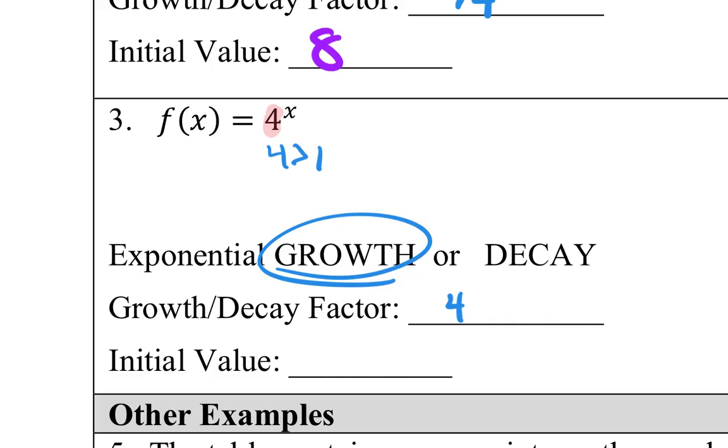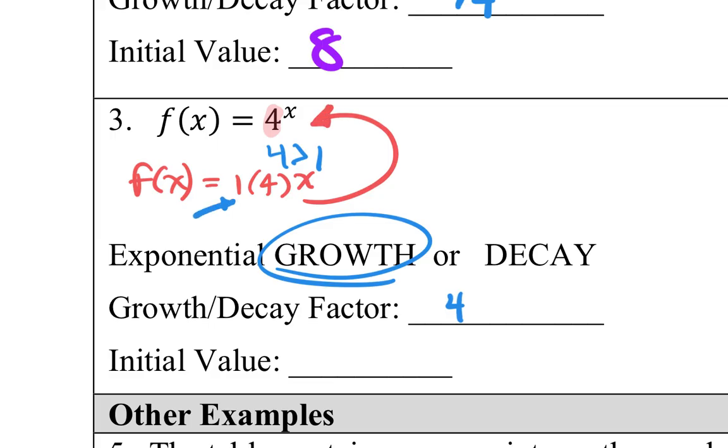Yesterday we talked about this. The reason we have this formula is because this was the initial one after we plugged everything in. And then we rewrote it yesterday to look like that, which then means the initial value is what? The initial value is 1. It's not always written, right? So if there's nothing there, if there's just that one number, there's a 1.